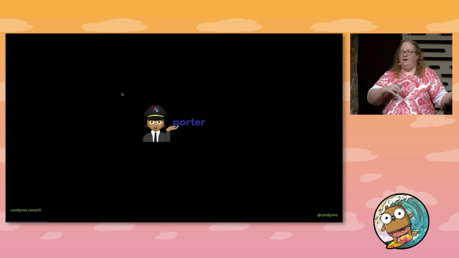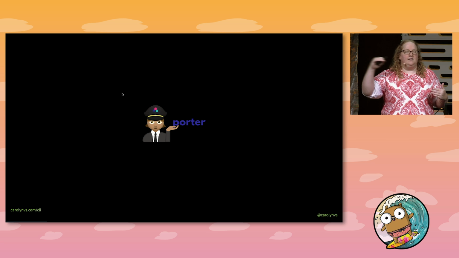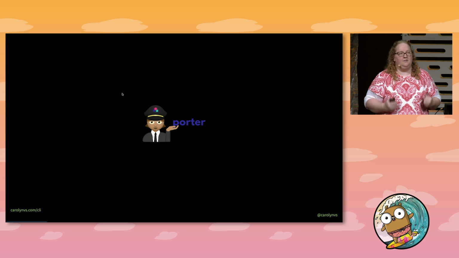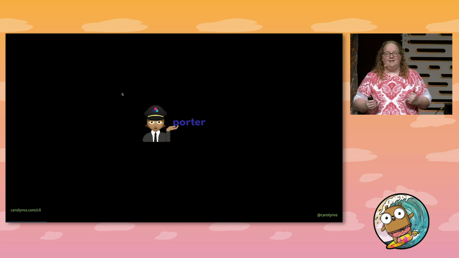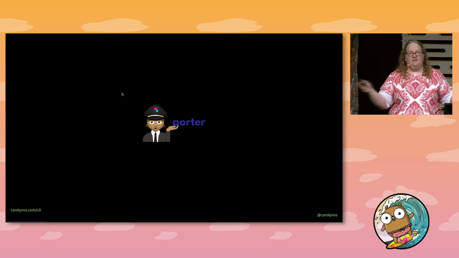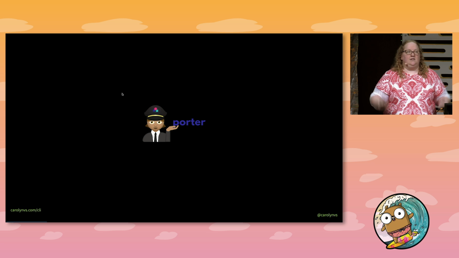And I got to take all my mistakes and all my what-ifs and go, what if I made a high-quality command line tool that was written at the same level of quality as all the back-end code that I was usually paid to write? And I put a lot of work into it. I put my soul into it, my heart into it, and had a ton of fun with it, essentially. And all the things I learned writing Porter, which you don't need to know anything about, but that's what this talk is based on.